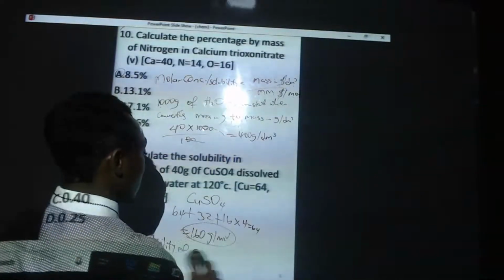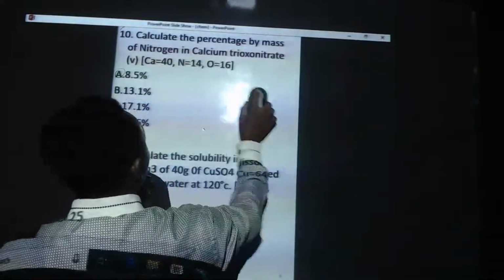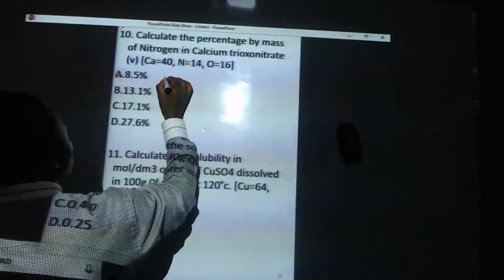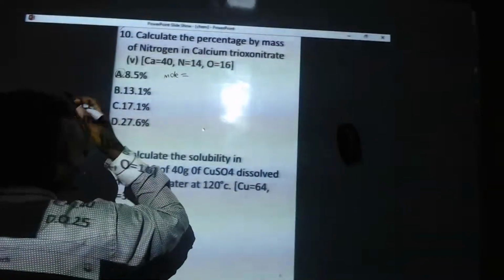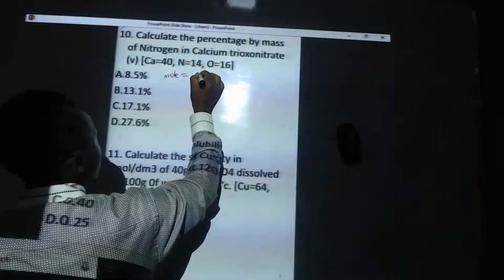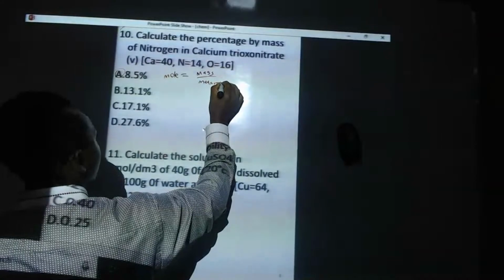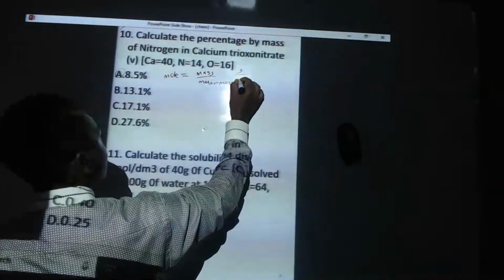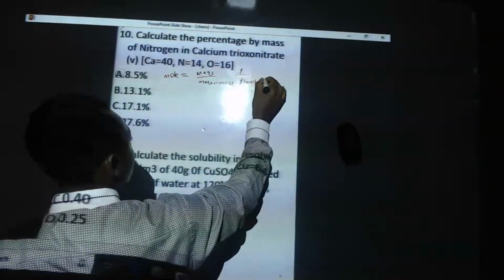Let me just write out some stuff before we go to the last slide. When you're calculating your mole, mole is equal to mass over molar mass, which is gram over gram per mole. We cancel this, so the unit is mole.